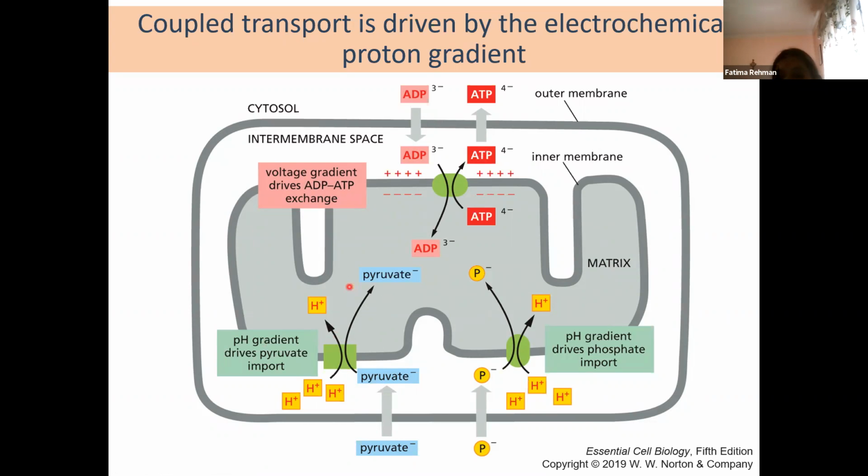And later on, when you are moving phosphates, they will also allow more of these protons to be shuttled in. It's also a coupled gradient. And this is what is producing those protons in the matrix, where they can then be utilized in the electron transport chain. Otherwise, in the electron transport chain, pretty much every step is shuttling them out, except for the ATP synthase, which can go both ways.